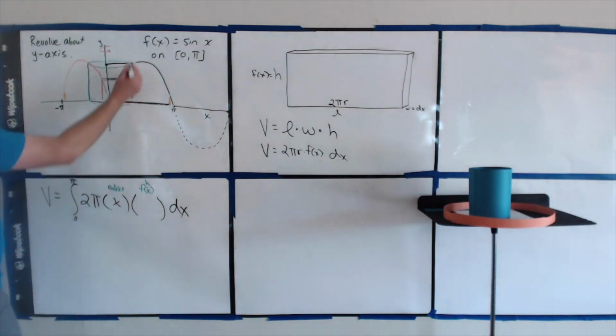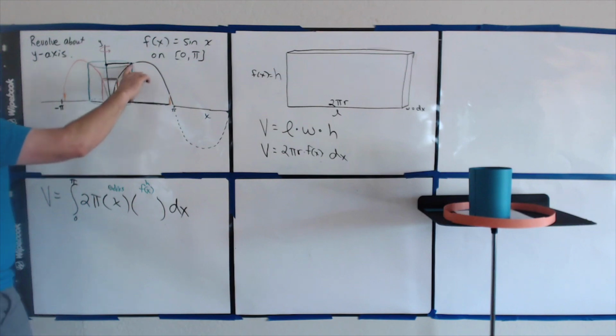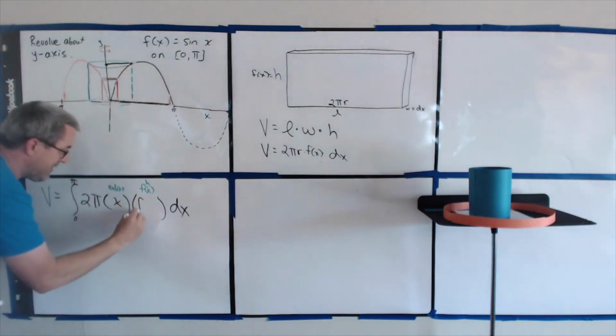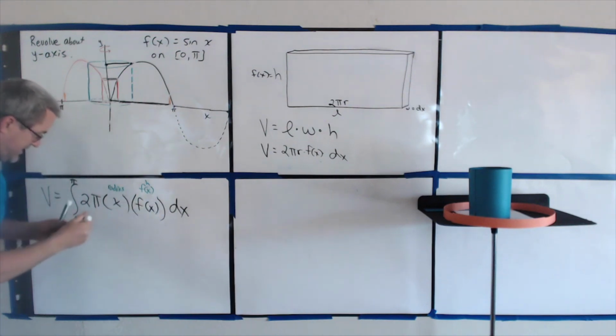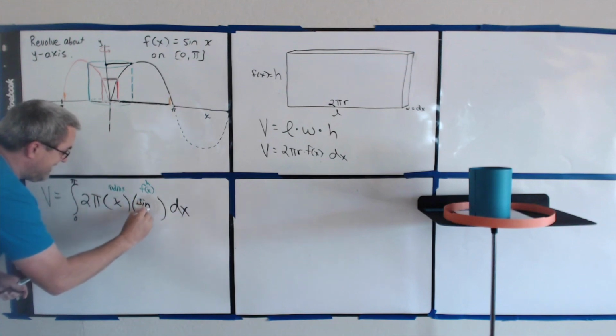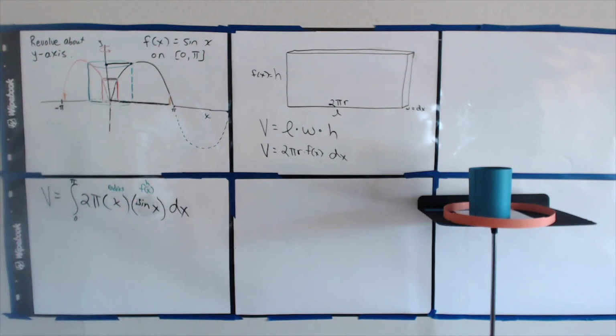And then, of course, our height, I've already mentioned. The height just follows that f of x function depending on which shell we're talking about. We know that f of x in our case is the sine of x. So if we integrate this, we will find the volume of that thing right there.